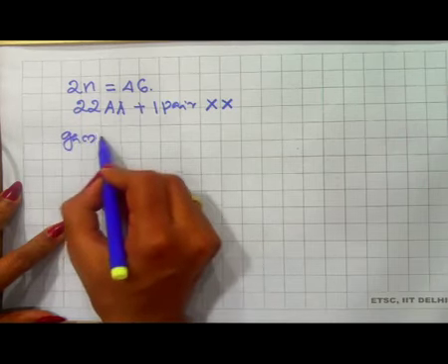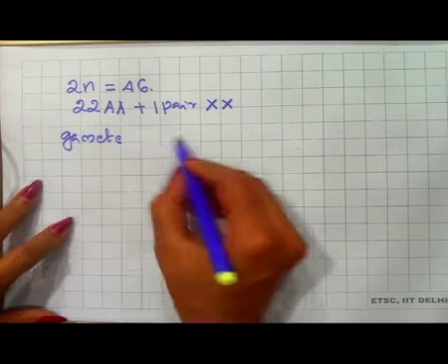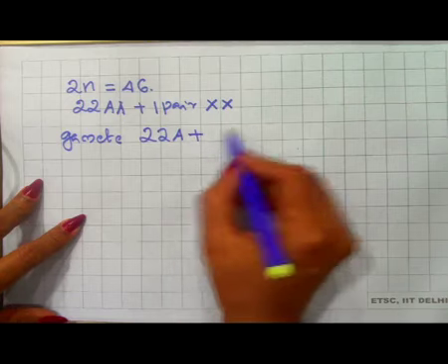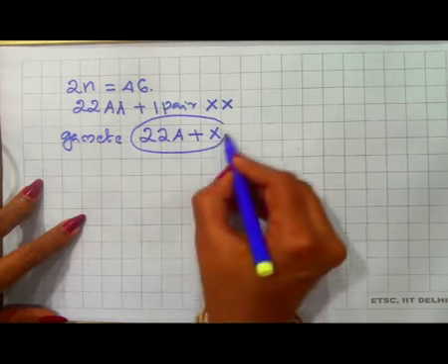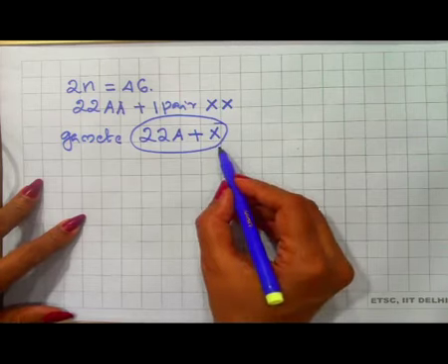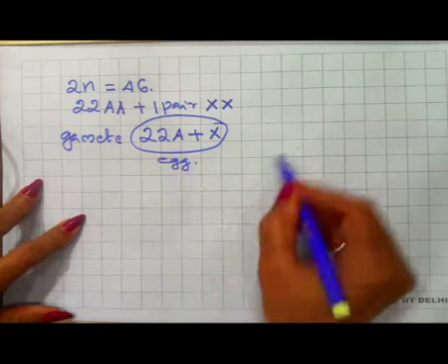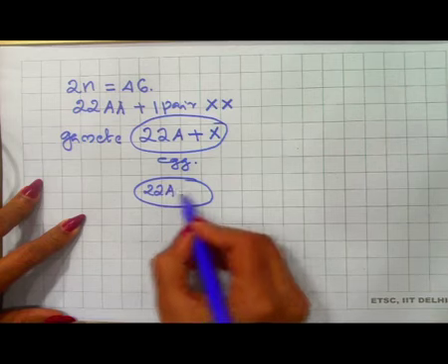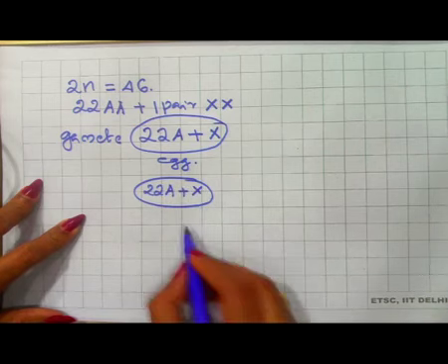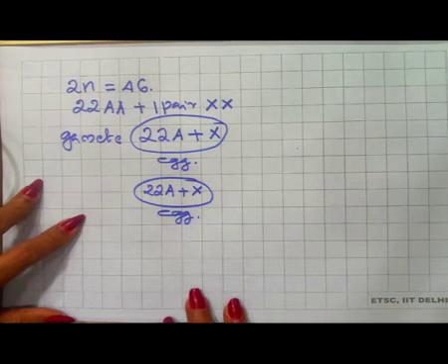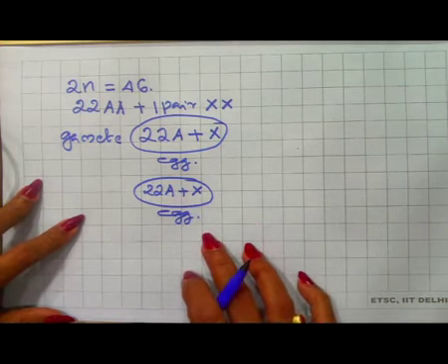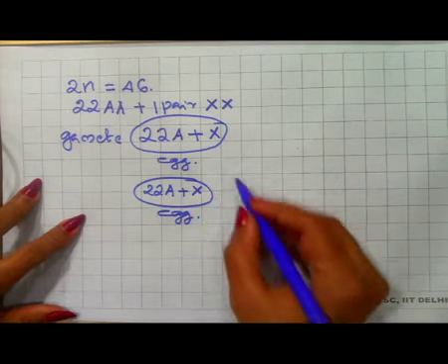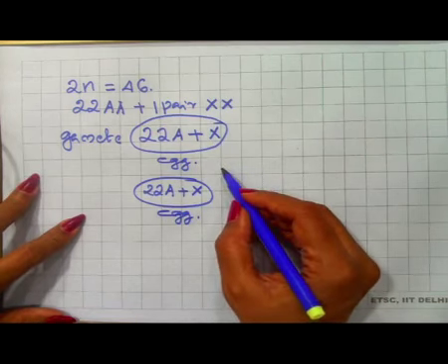During gamete formation, 22 autosomes plus 1 X chromosome in one of the eggs, and in the other one also it must be the same, 22 autosomes plus X chromosome. These are the normal gametes produced by the separation of homologous pair of chromosomes during gamete formation.